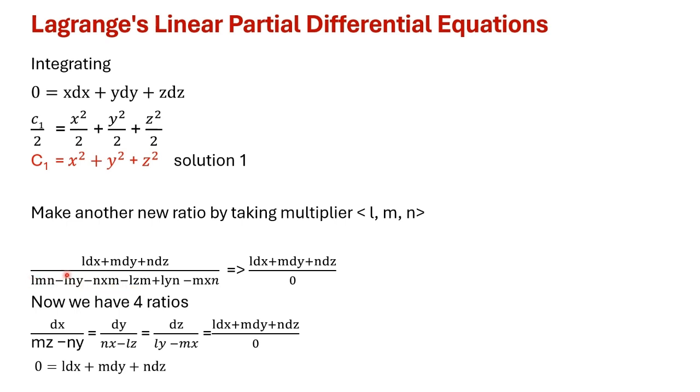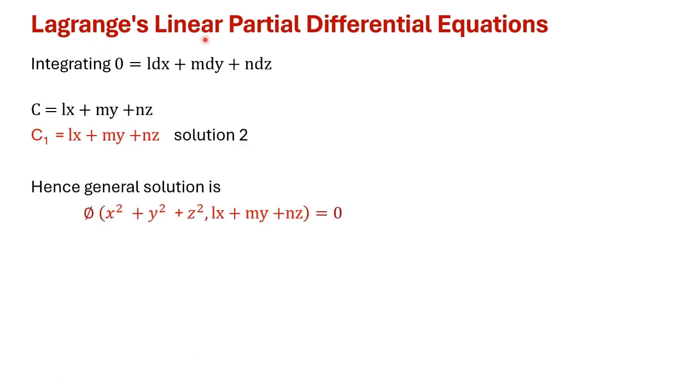So now when we simplify it, the denominator becomes 0. The 4 ratios will be the original ones, and the fourth one is a new ratio. So when we bring this 0 here, the term will become 0.